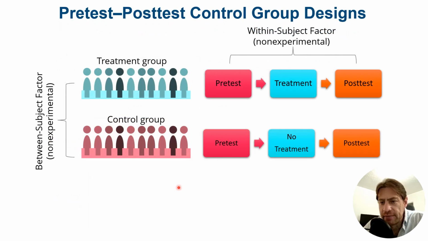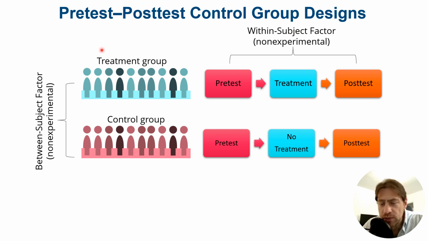So here we have a visual depiction of the pretest post-test control group design. So this is considered a mixed design because you have two factors. One is a between subject factor and the other a within subject factor.